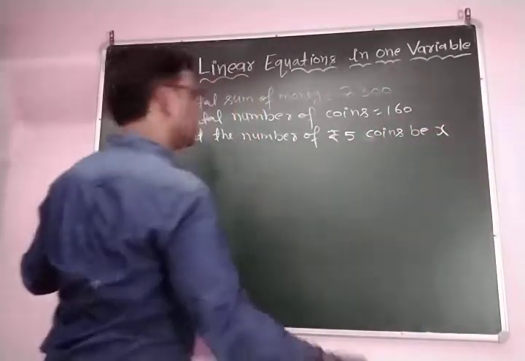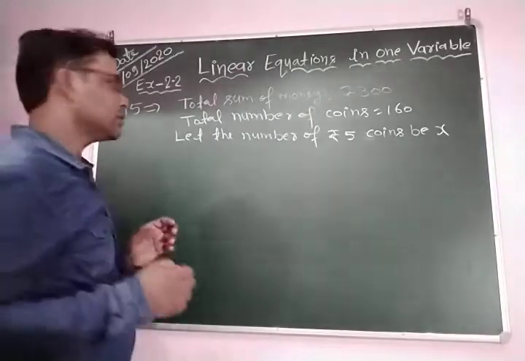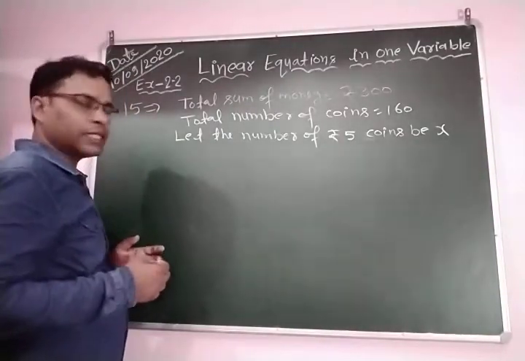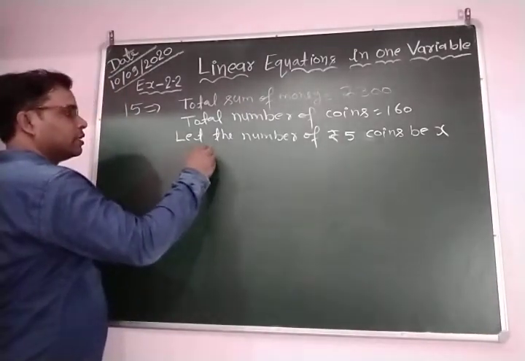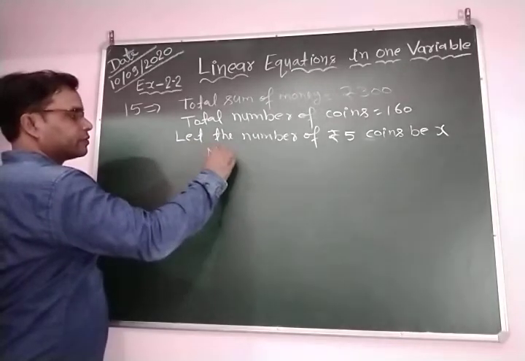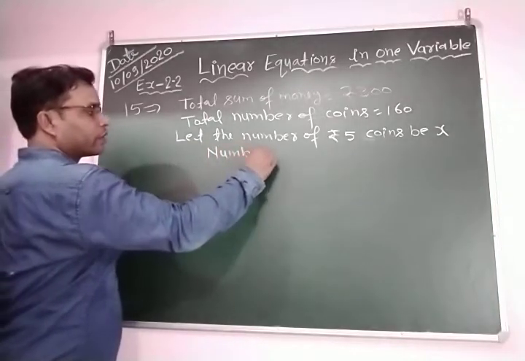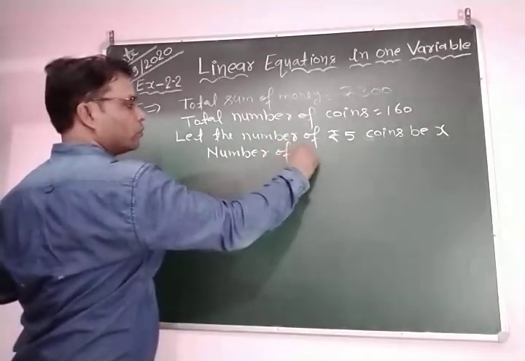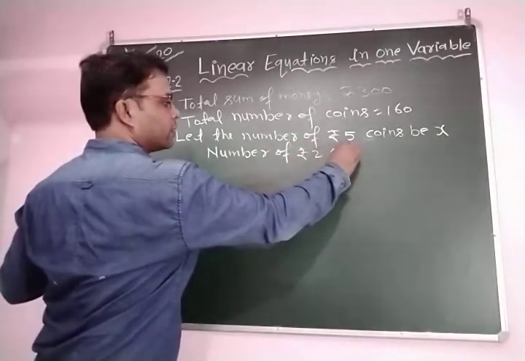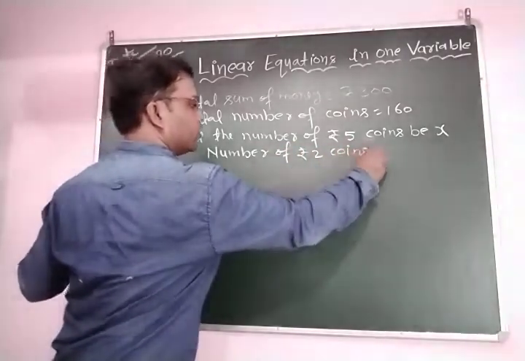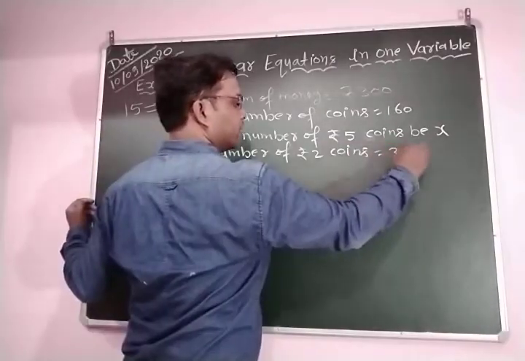So what is the number of rupees 2 coins? 3 times x, 3x. The number of rupees 2 coins is equal to 3 into x, 3x.